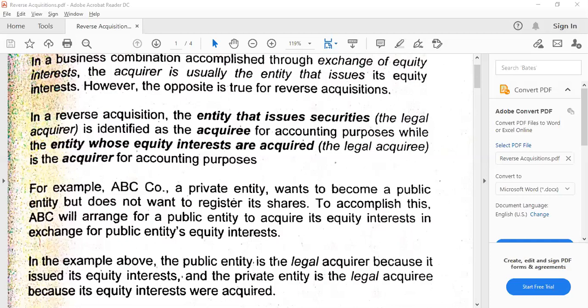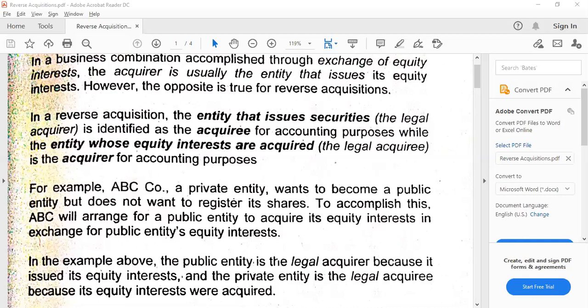And then there could be some lawsuits later on for various reasons, which could occur because of the reverse merger. So let's say because of fraud, fraudulent transactions, and then there would be some complaints or lawsuits filed.